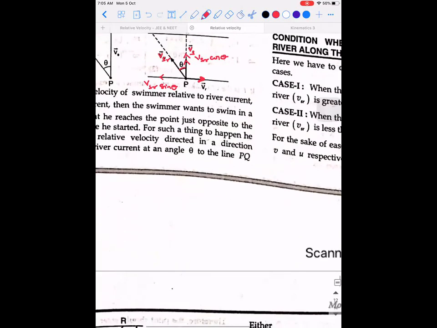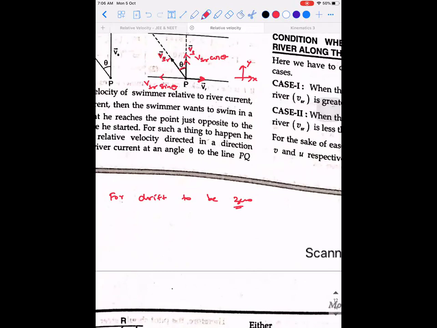Okay. Now observe, for the drift to be 0. Tell me, drift is related to which direction? Is it related to the x direction or the y direction? X direction, right? So for the drift to be 0, look at the components of velocity that are there in the x direction. What are the components of velocity that are there in the x direction?